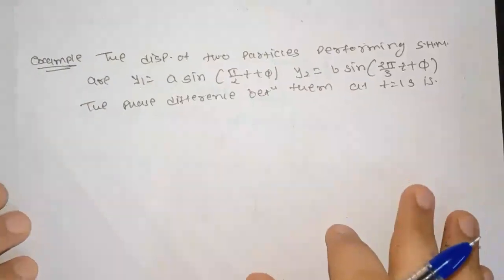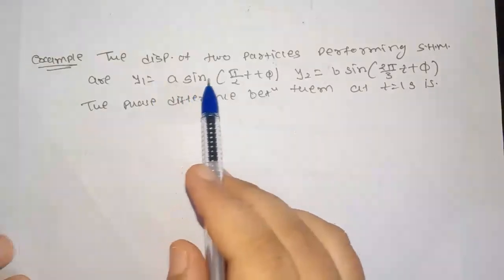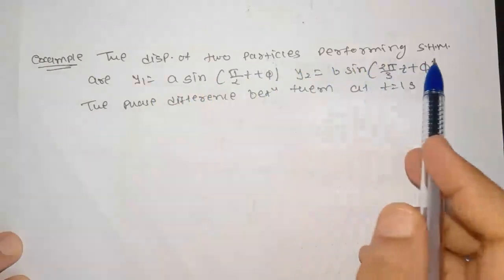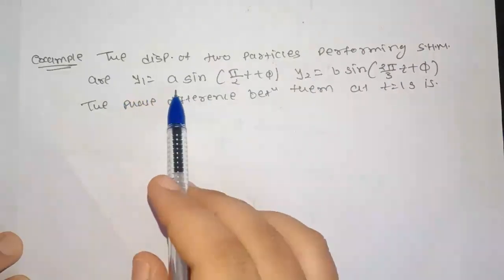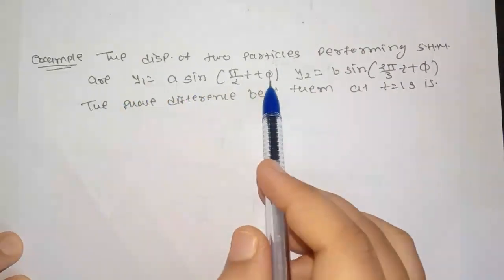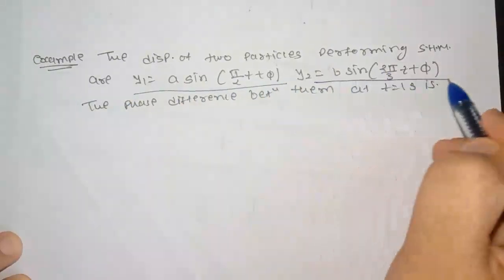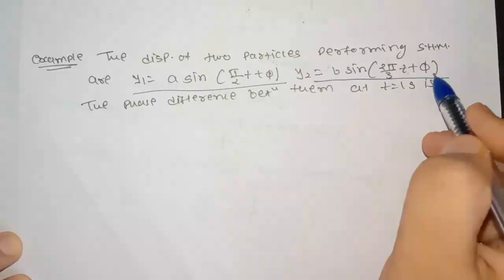In this example, the displacements of two particles performing SHM are y1 is equal to A sine (pi by 2 t plus phi) and y2 is equal to B sine (2 pi by 3 t plus phi).